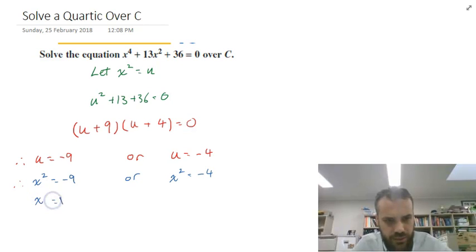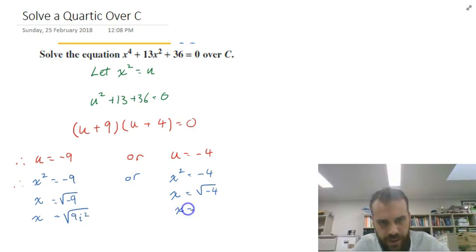So, x equals root negative 9, and x equals root negative 4. Then we can muck around with this. x equals root 9i squared. x equals root 4i squared. All of this is plus or minus and plus or minus.